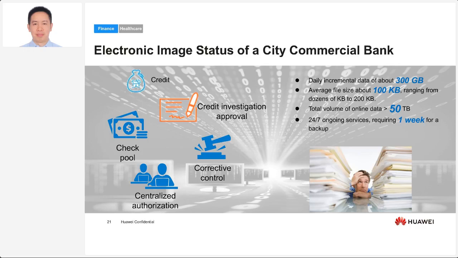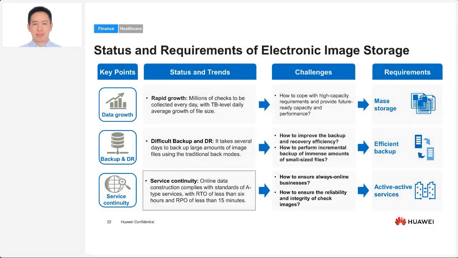So this is a very critical scenario in the finance sector, with this high performance file system, which we call NAS. And you can also see this from the requirements of the electronic image storage system.